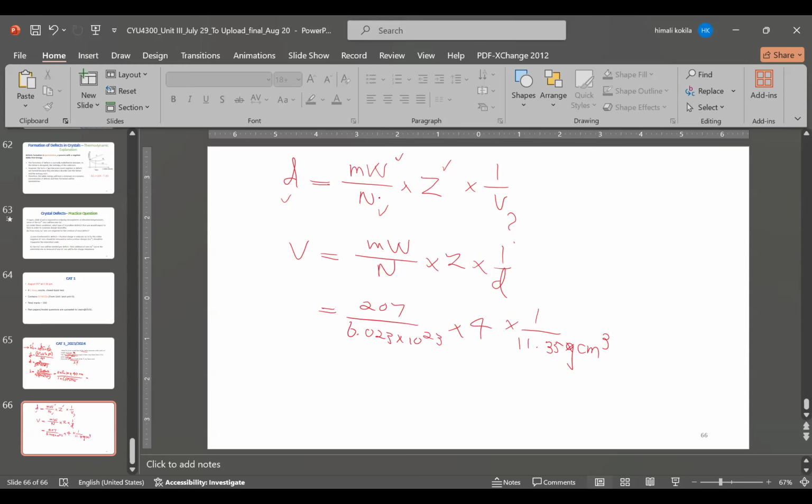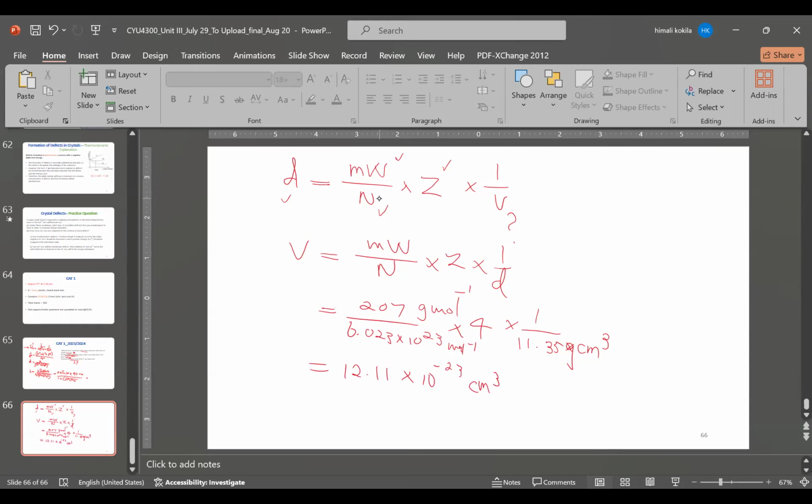Molecular weight is in grams per mole. Then you will get some sort of answer. I'm going to directly write it down here: 12.11 into 10 to the power minus 23 cubic centimeter.